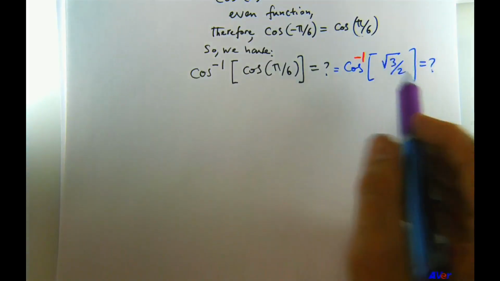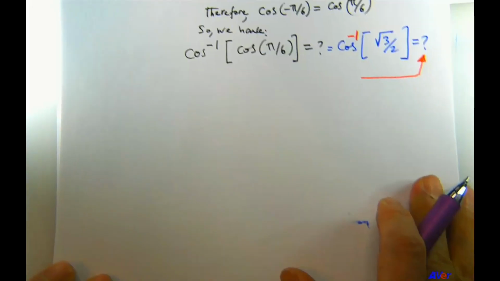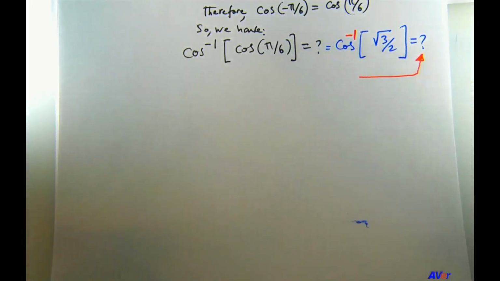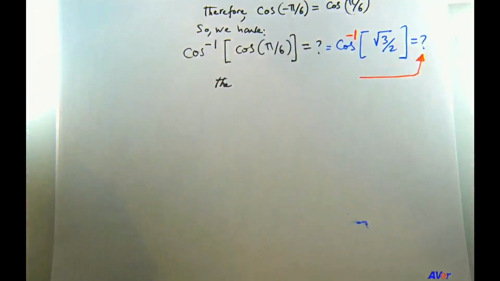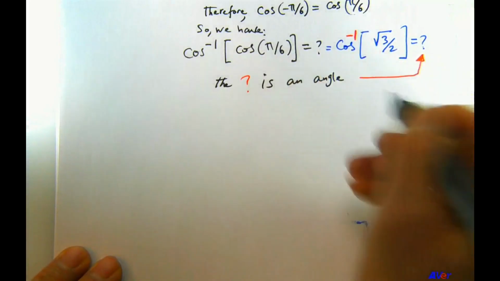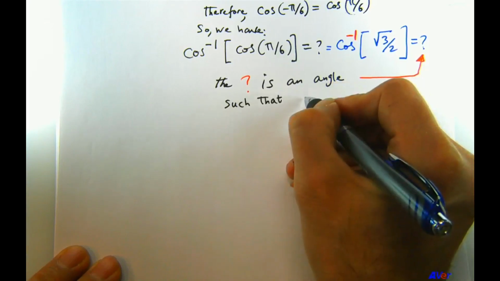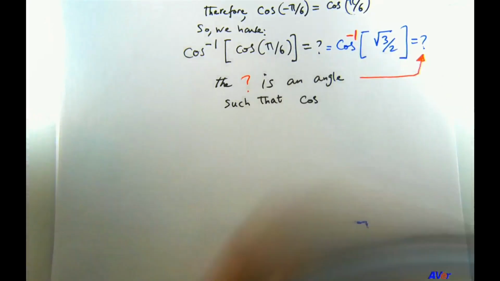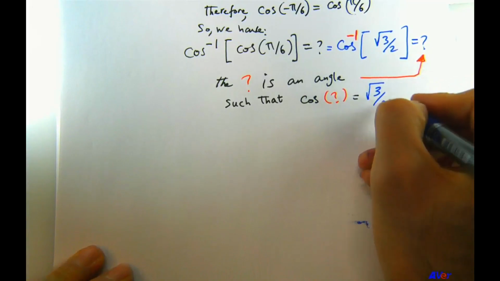So I want to write this down so it's part of your notes. The question mark is an angle such that cosine of the question mark is equal to square root of 3 over 2, right?